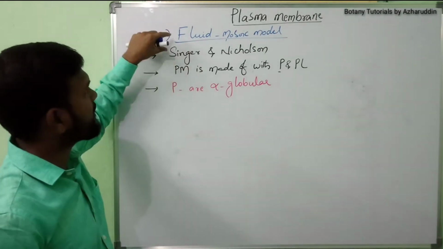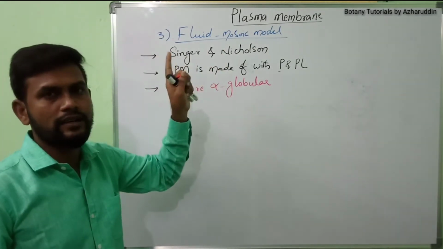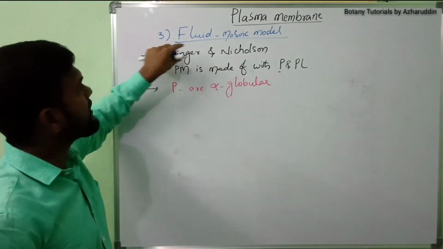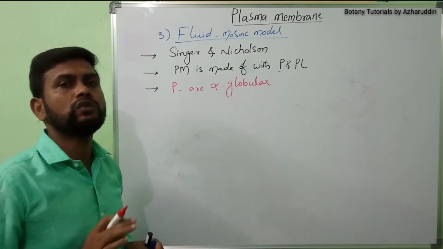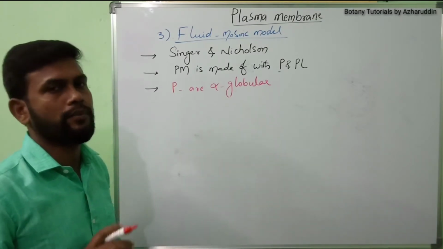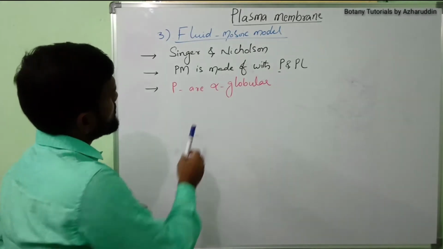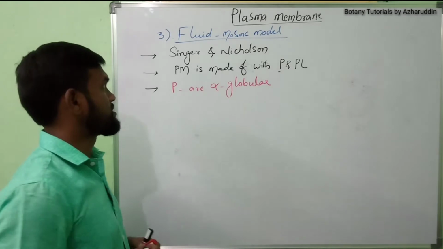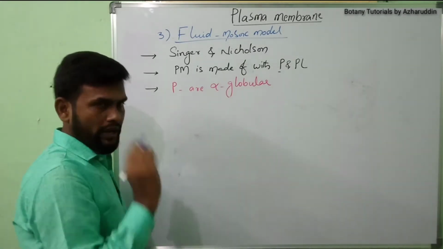Same points were taken by Singer and Nicolson, but here Singer and Nicolson's interpretation is different from Dawson and Danielli's interpretation. Here proteins are alpha globular structures. Again, proteins are of two types.